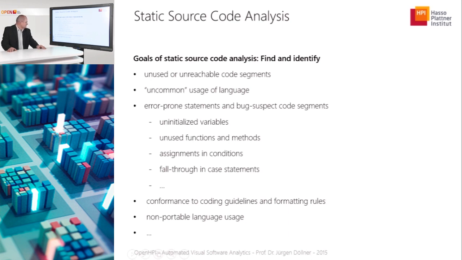What else can be detected? For example, non-portable language usage can also be an issue if you plan to have a cross-platform compatible implementation. So there are many things you can detect with static source code analysis.